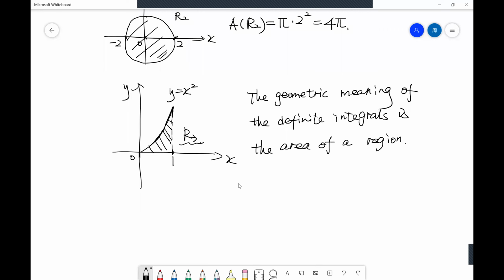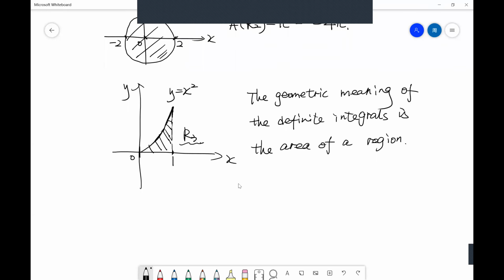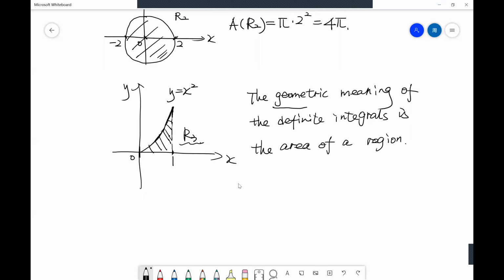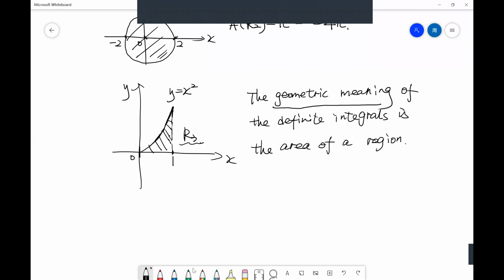And we don't have a formula, right? Of course, if we have a formula, we can use the formula directly. So here we know why we have definite integrals. And here, how to calculate it?